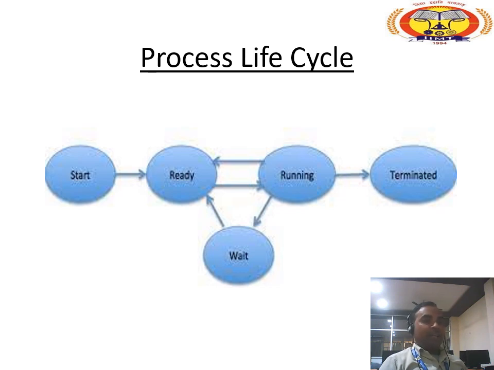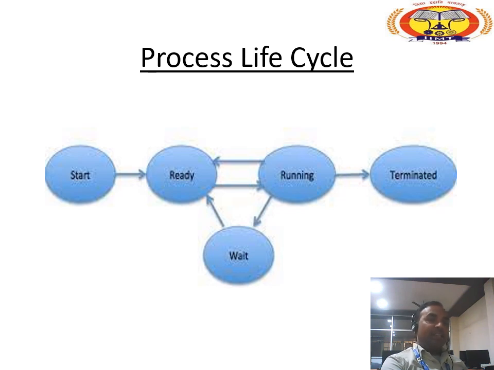In the ready state, as I have told you, I am repeating my sentence again, the process has to wait for acquiring the CPU to complete its execution. So here we have discussed the ready state, from start to ready. Clear? When the wait time has finished, it will go to the running state.